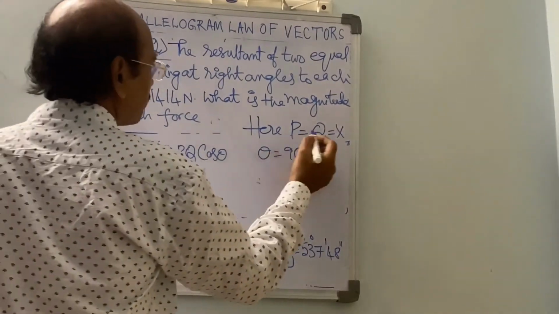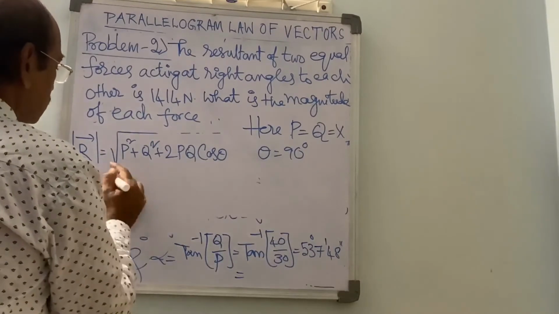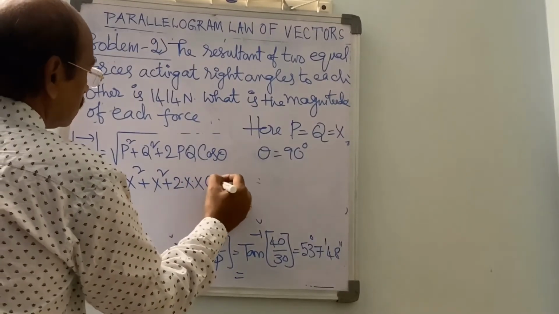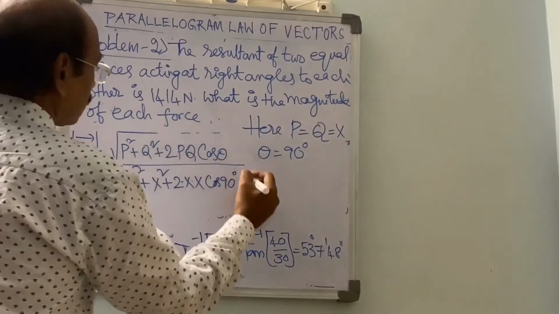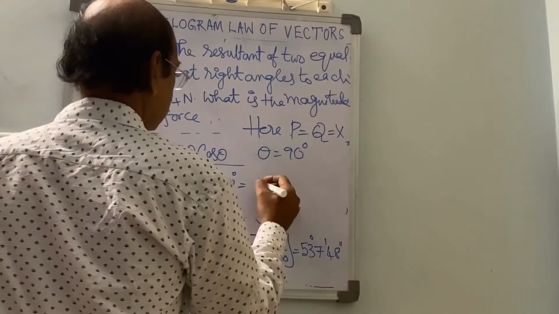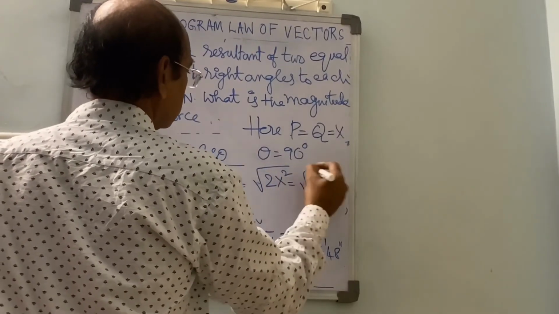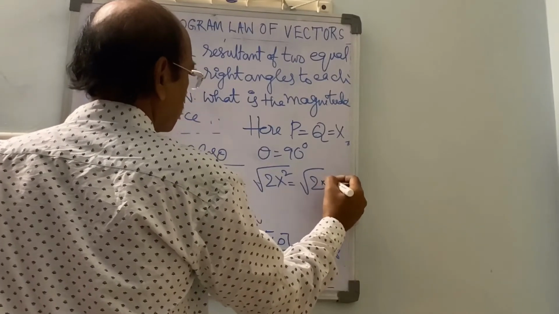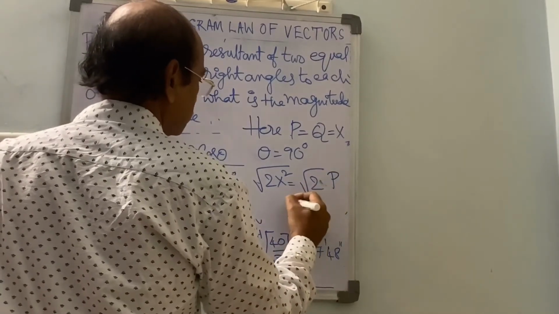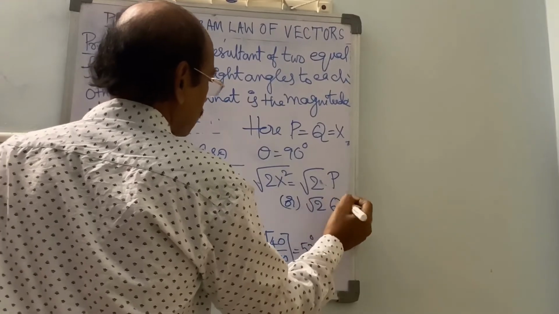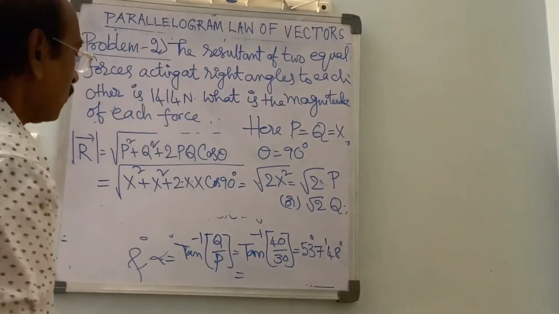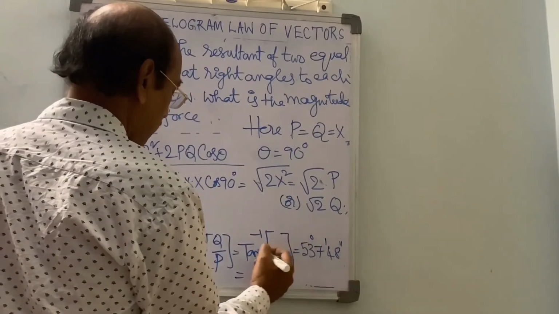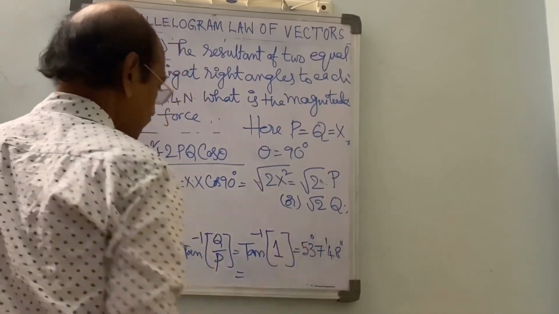Let us find the value of P or Q or X. The resultant is root 2 into P or Q. Similarly, for theta equal to 90, tan inverse Q by P, as they are equal, becomes tan inverse 1.